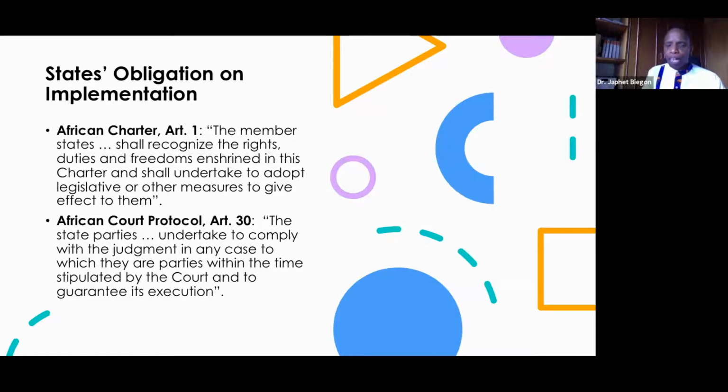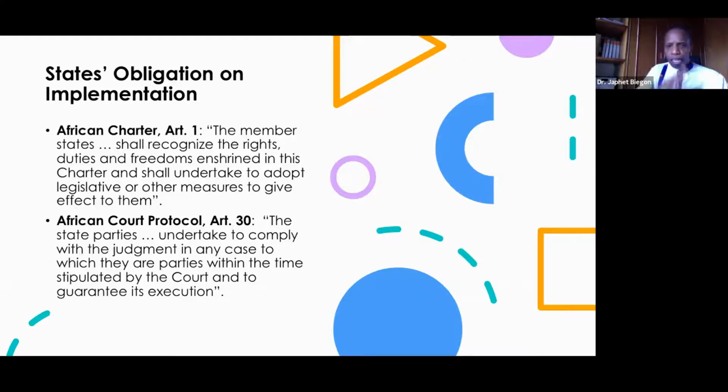But also generally, you may know about the principle of pacta sunt servanda under the Vienna Convention on the Law of Treaties, that states parties to any treaty have to comply with the provisions of a treaty in good faith, which would include the decisions, the judgments, the views, the recommendations of a body that is established to interpret that treaty.